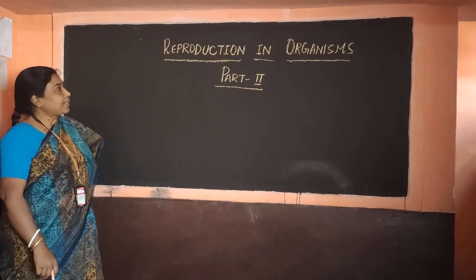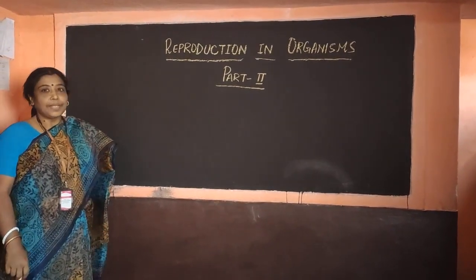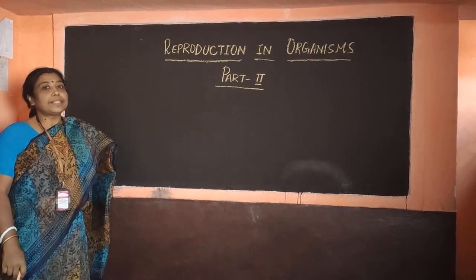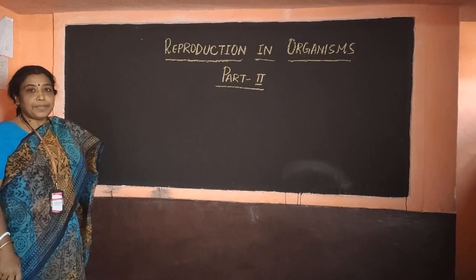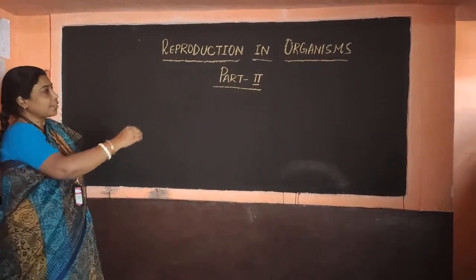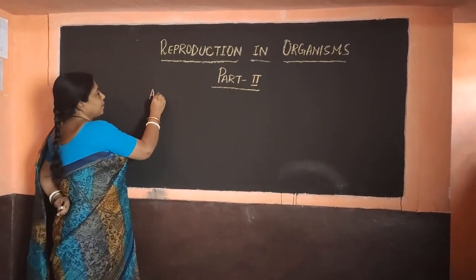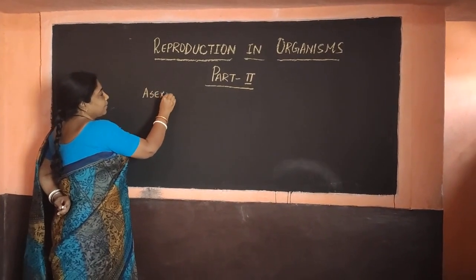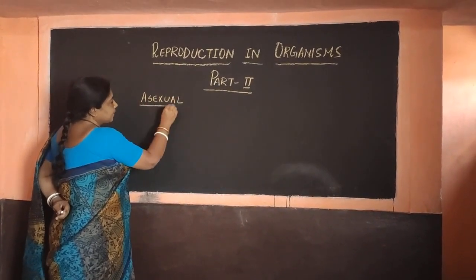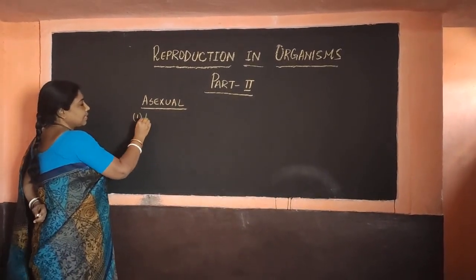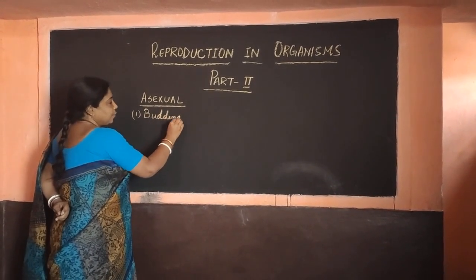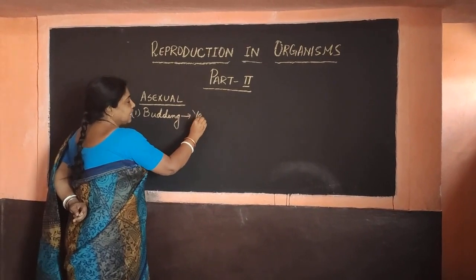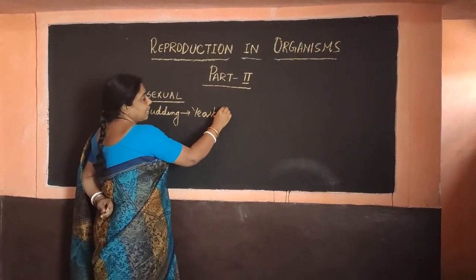In the first part of reproduction in organisms, I have already told you all the methods for asexual reproduction. So again, a brief recapitulation of the methods of asexual reproduction. We have already dealt with the different methods to some extent. First it was budding, and you all saw how budding took place in yeast as well as in Hydra.